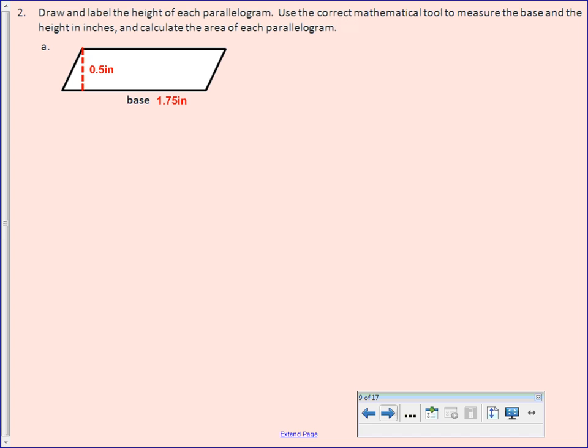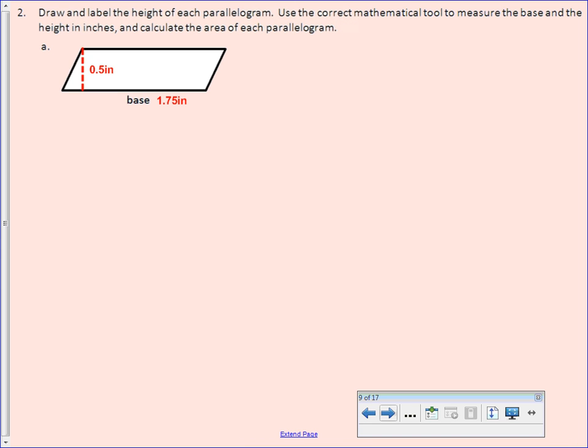So now for 2, A, B, and C, the directions do tell you to use the ruler to measure. However, I don't know if it was in printing or whatnot, they don't line up to nice, easy numbers. We tried measuring them 6th period and it just got annoying. So I'm actually going to give you the base and the height.